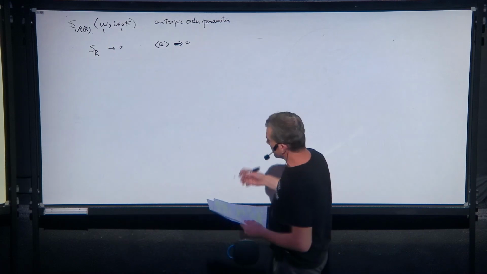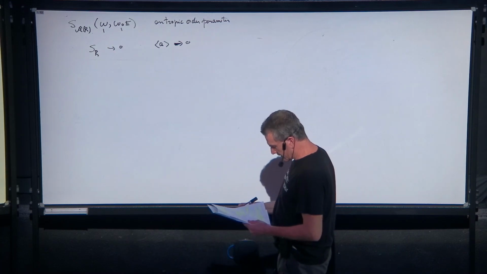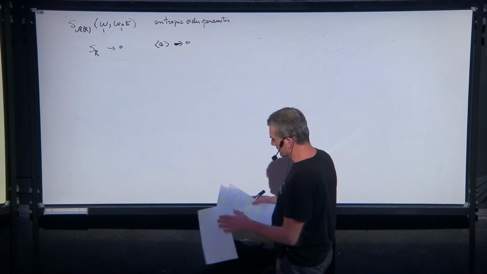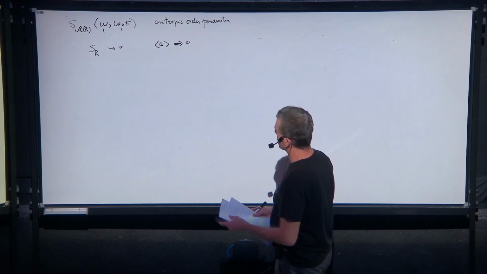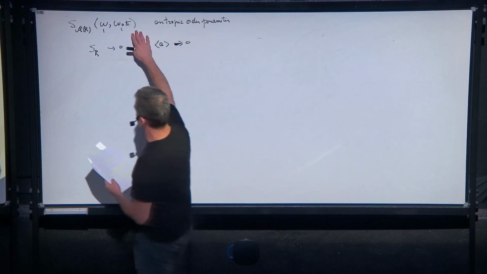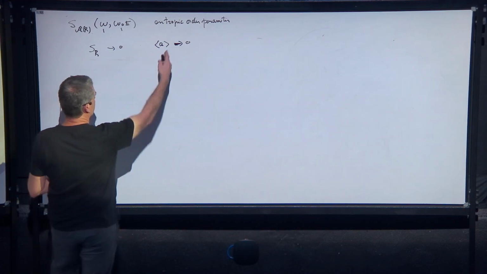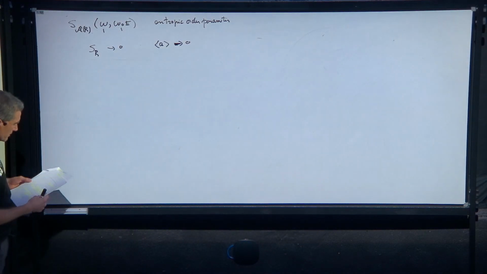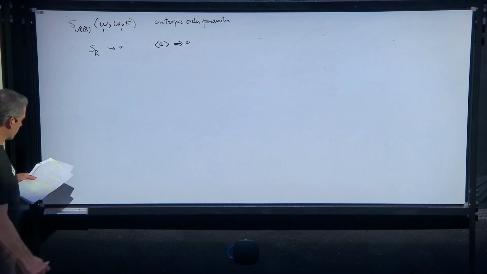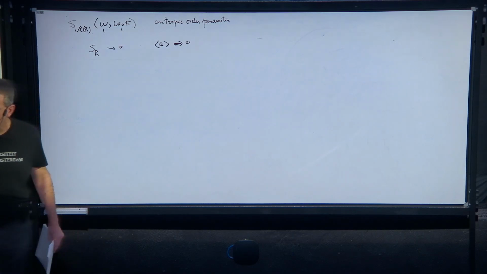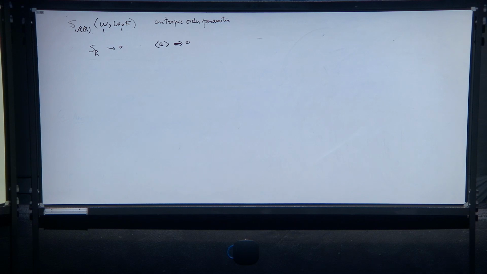In the other limit, one would like to understand what is the size of this in the limit where the expectation values go to the maximum value possible. There's an expectation value in the vacuum state. Yes, in the vacuum state.